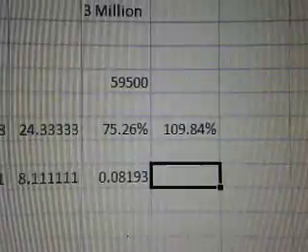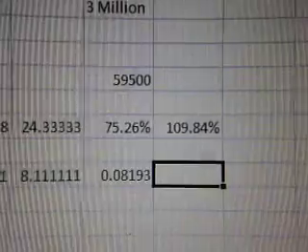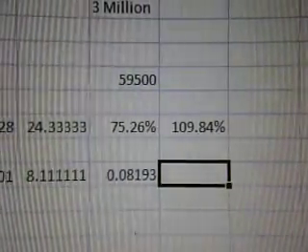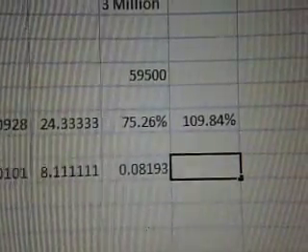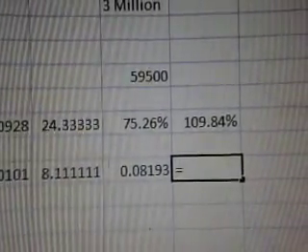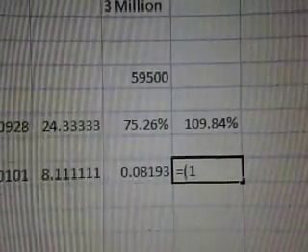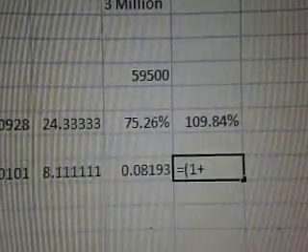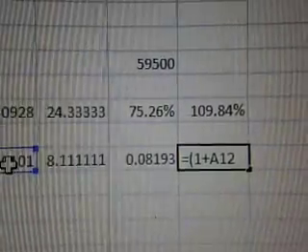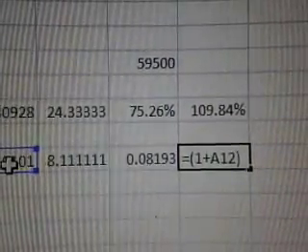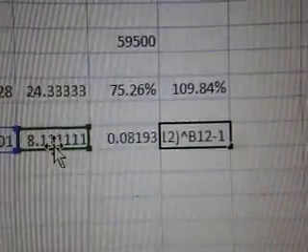And for that, the formula is at the bottom of page 669, very much similar to what we did in problem 16-3. So what you are doing here is 1 plus the first part of the formula, that is the value, raised to the power of the second part of the formula minus 1.